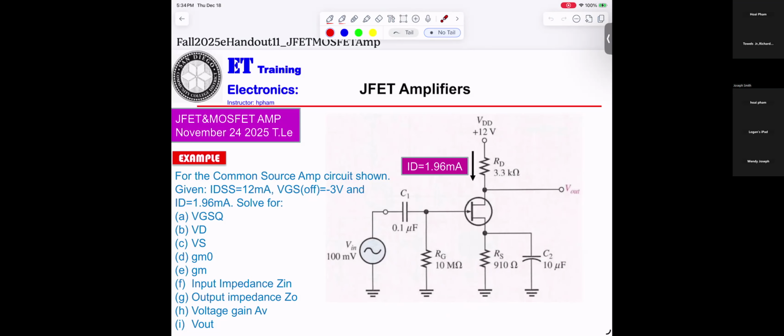Who knows? You already know bias for the JFET. The first one is fixed bias, reverse bias. The second one, what is the second bias?